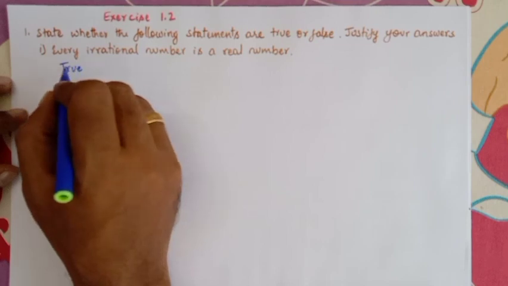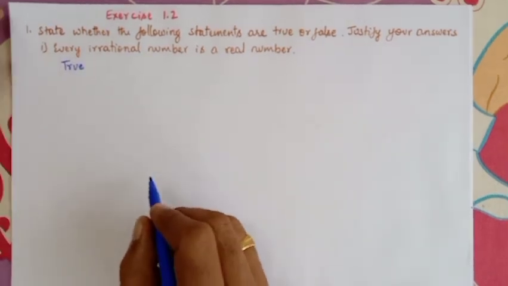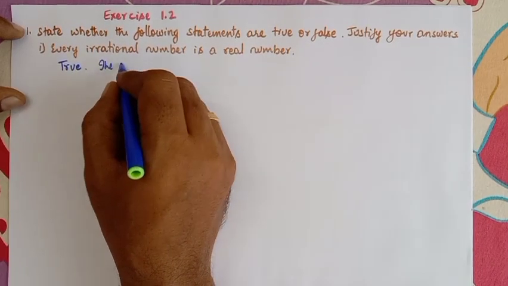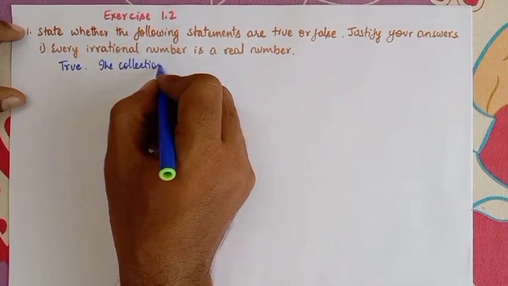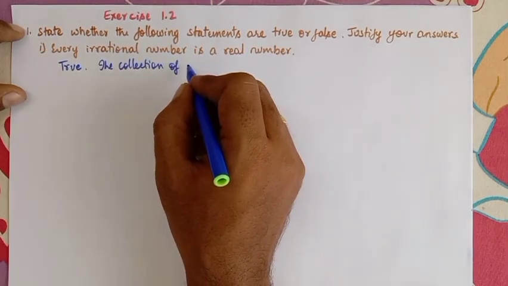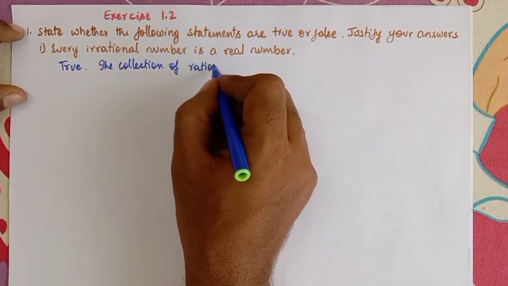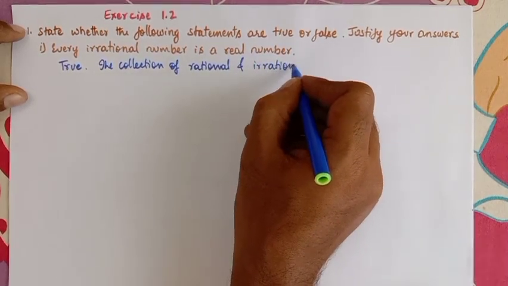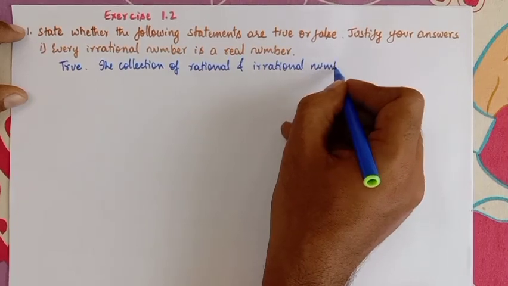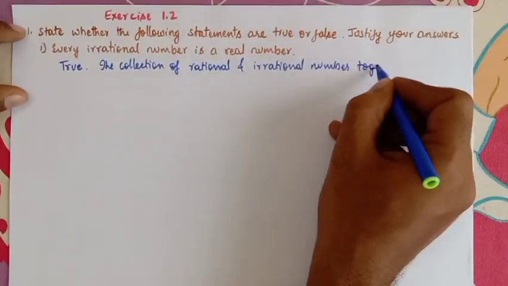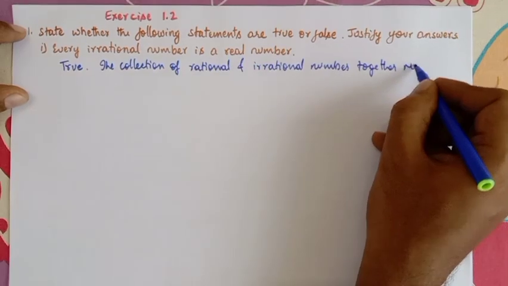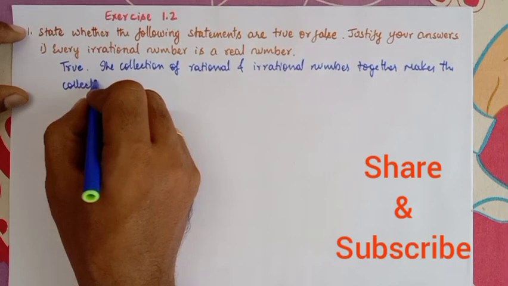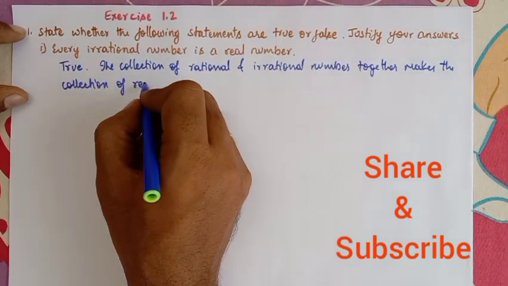We are all familiar that the collection of rational and irrational numbers together makes the collection of real numbers.